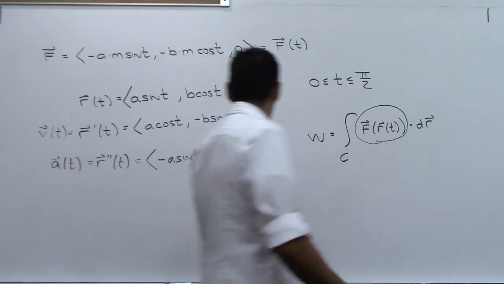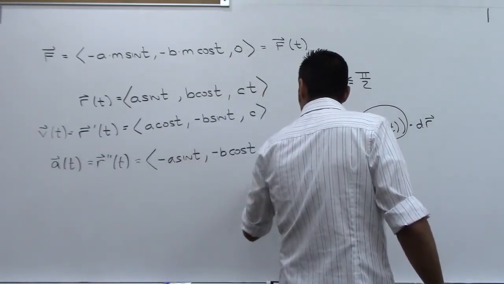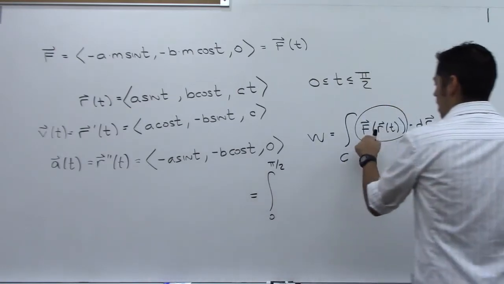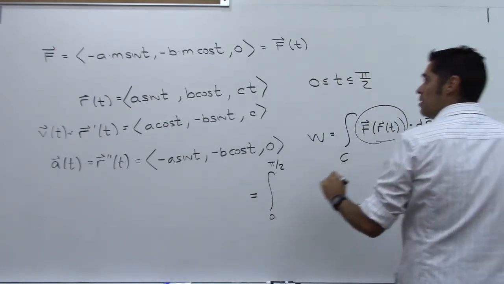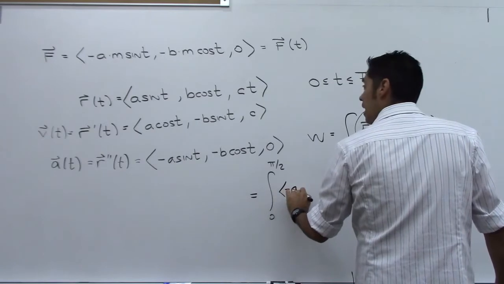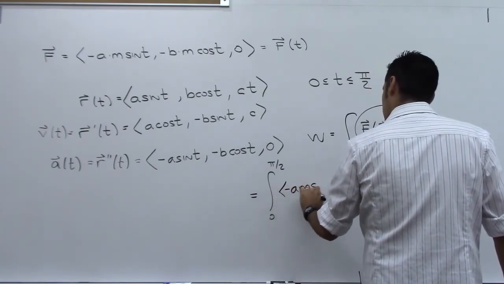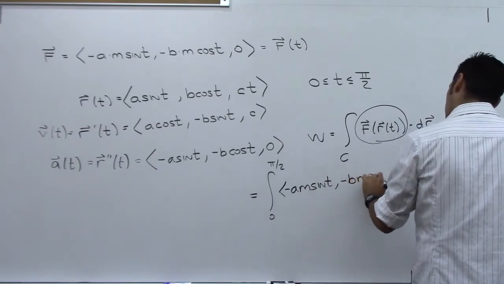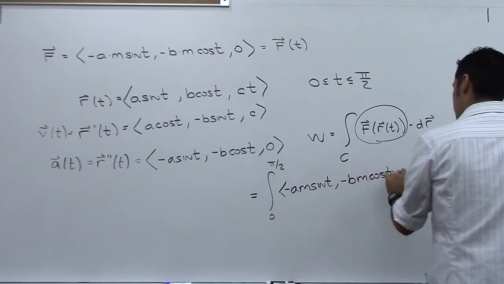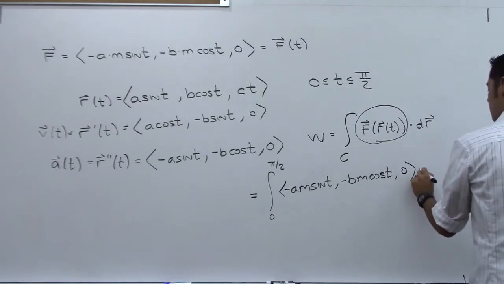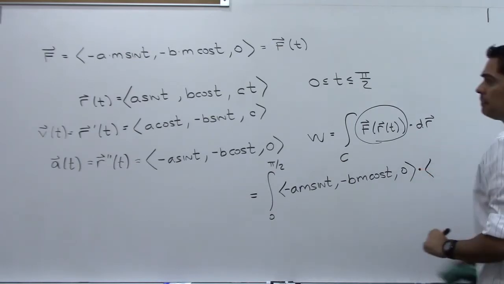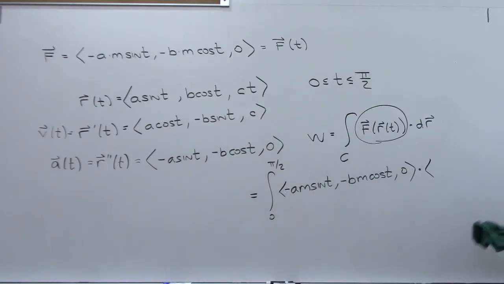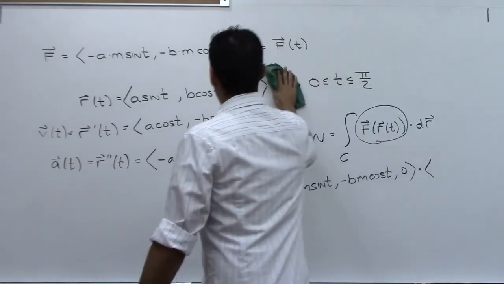So this work will be equal to the integral from 0 to pi over 2, because that was my restriction on t. This right here, negative a m sine t, negative b m cosine t, and 0, I'm dotting with dr. I'm going to run out of room, so I'll rewrite this up here.